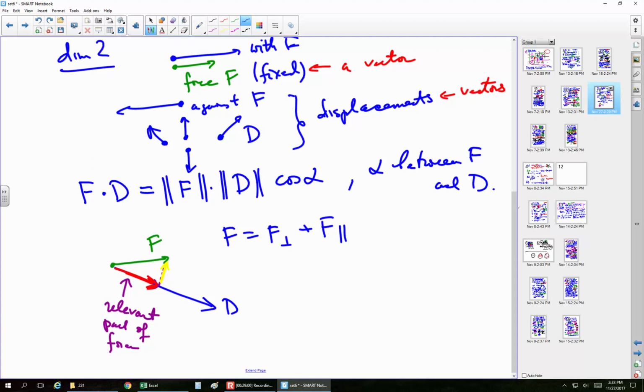So this is F parallel, parallel to D, that is, and the other one is F perpendicular. The perpendicular is irrelevant for this particular application. So how do we find this collinear part? It is based on the angle alpha, and it is in fact equal to what?